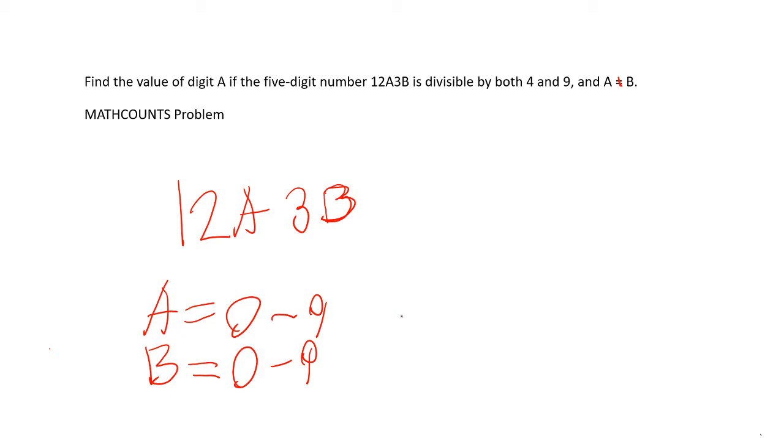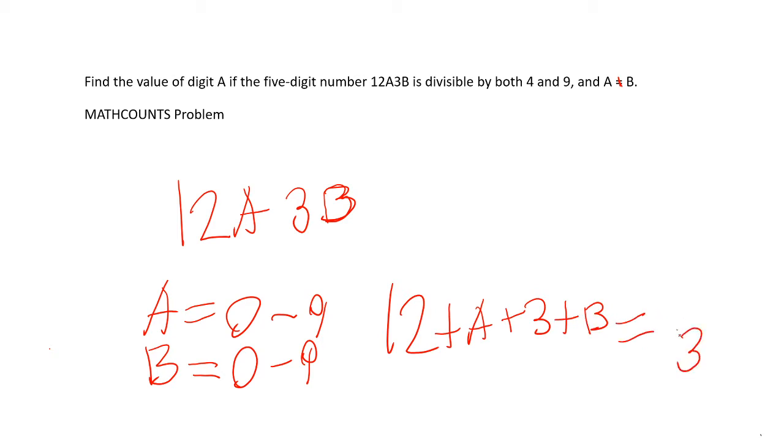So essentially you want 12 plus A plus 3 plus B to be equal to a number divisible by 3. But we're not going to use this equation at all. I'm just going to keep it there so you know what we're doing.